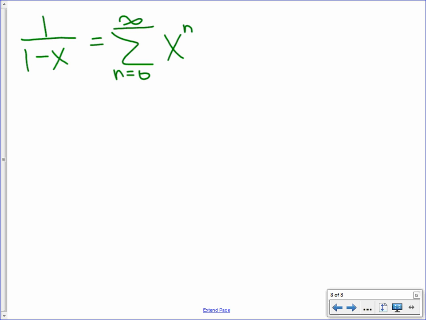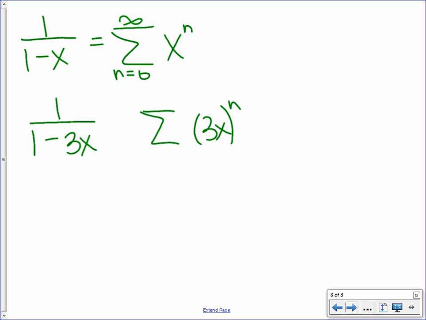If we plug in a 3x here, then, okay, that would be an example. That property is going to be more helpful Wednesday, Thursday.